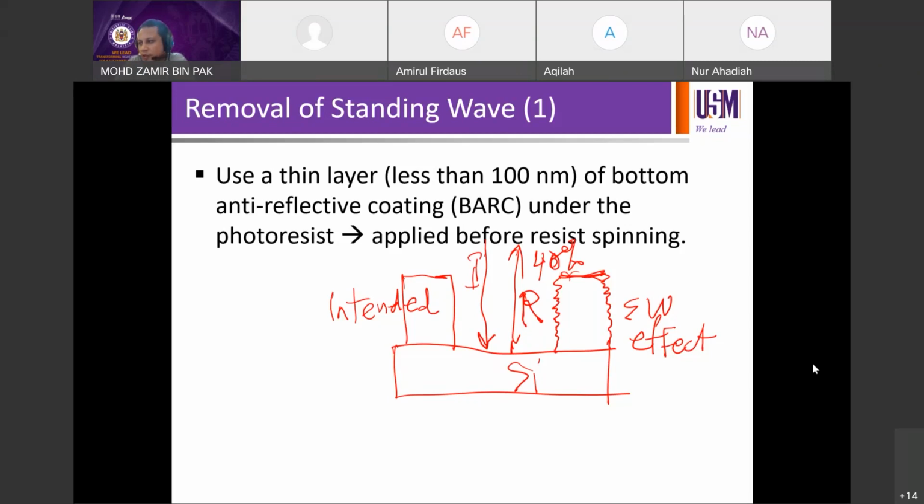Before we talk about the standing wave on the patterns. Anyone else? Recall from your 386, the optics part. Right? Why high reflection? Can anyone give me the equation, if you can still recall, or the name of the equation that relates the reflection to the 40% in this case? Anyone?